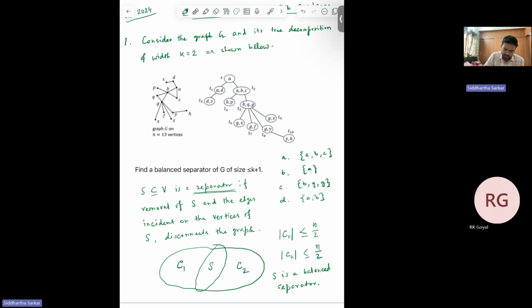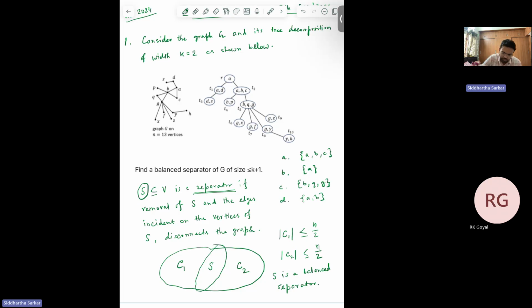Multiple. S is a subset of vertices. Oh, I see. Yes. In this example, I was under the impression that if I somehow remove the vertex B, then this entire graph will become disconnected, but then probably there would be some use of the tree decomposition technique here as well.